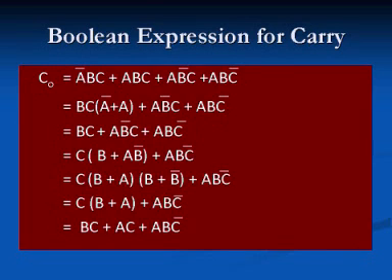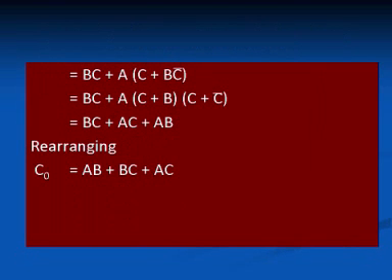Further, C naught is equal to B C plus, taking A common from the second and third term, A bracket open C plus B C bar bracket close. This is equal to B C plus A bracket open C plus B bracket close into bracket open C plus C bar bracket close.